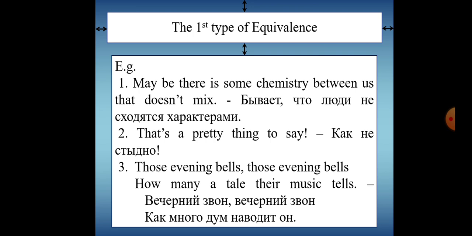The third, those evening bells, how many a tale their music tells. In this third example, we see that the general function of the statement in the source language is its poetical influence, which is based on sound recording, rhyme, and meter.